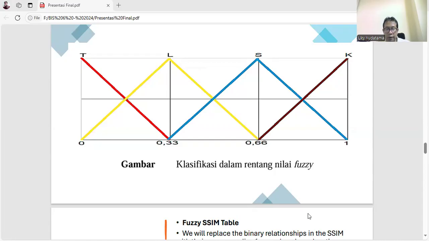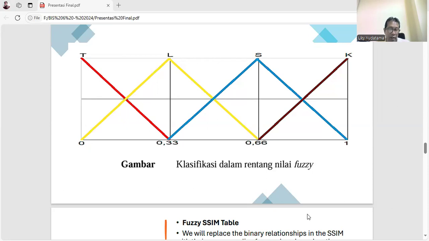This corresponds to the fuzzy value of 0.00, 0.33, 0.66. S, moderate. The blue section in the middle shows moderate influence, with the fuzzy value ranging from 0.33 to 0.66. The fuzzy value for this category is 0.33, 0.66, 1.00. E, very strong.